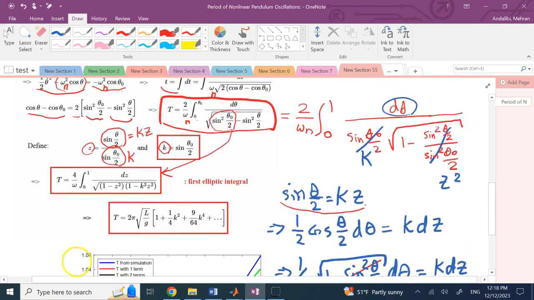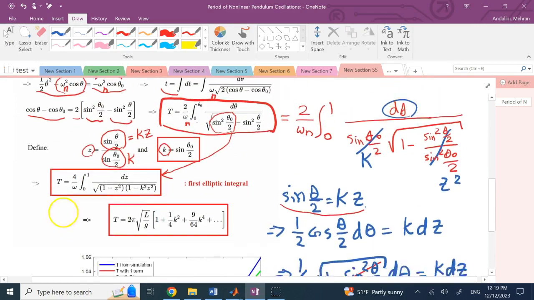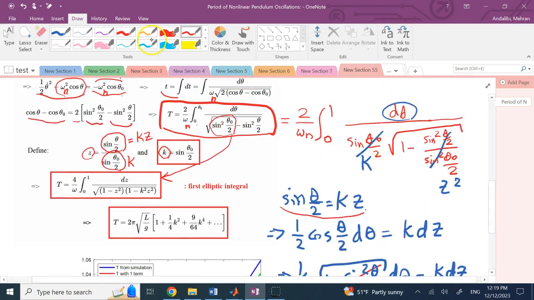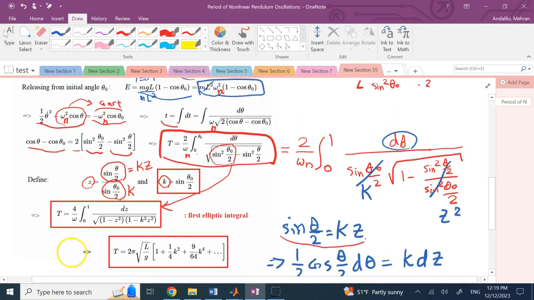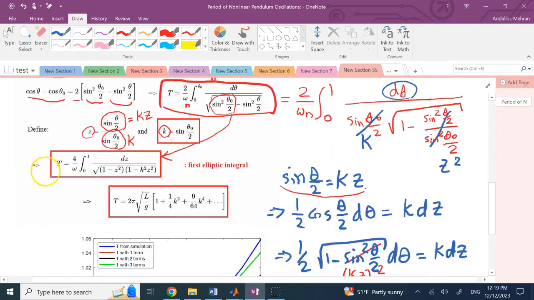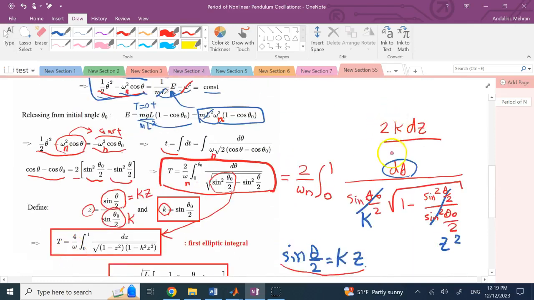And if you plug that up here, that d theta has a k, and there is this k here, so those two k's will be simplified. Remember that d theta was 2k dz divided by the square root.